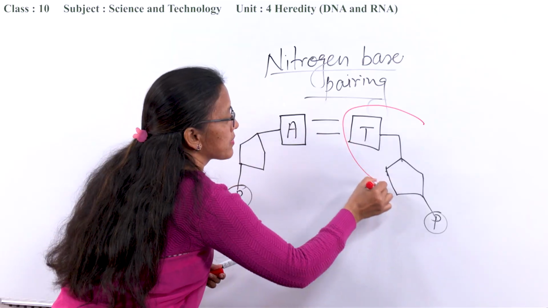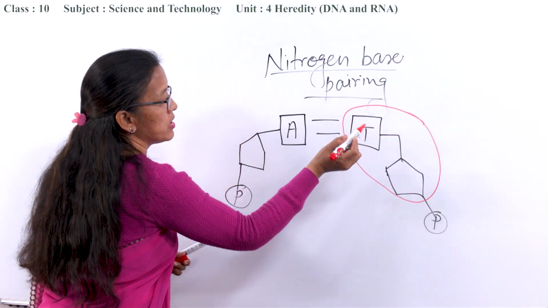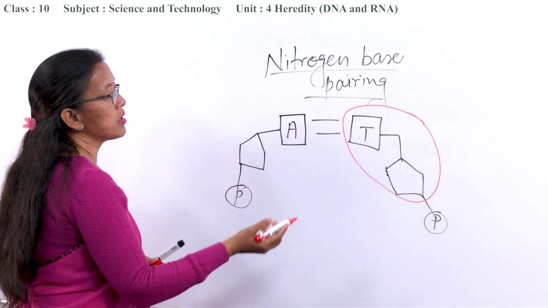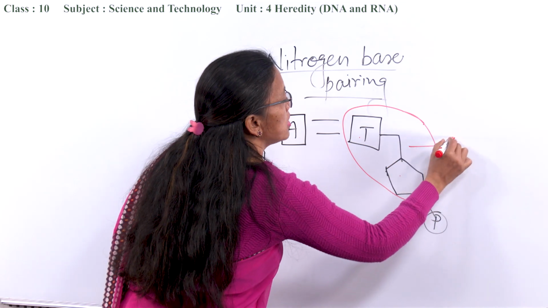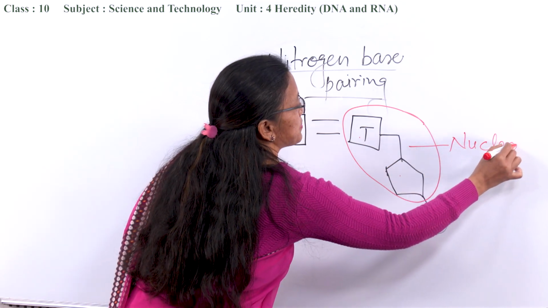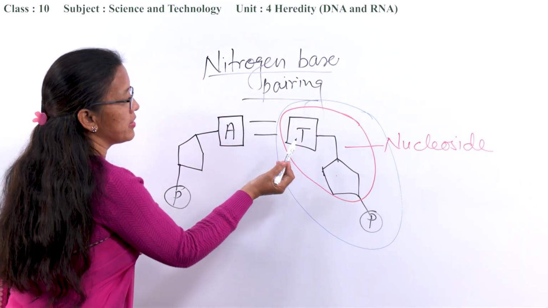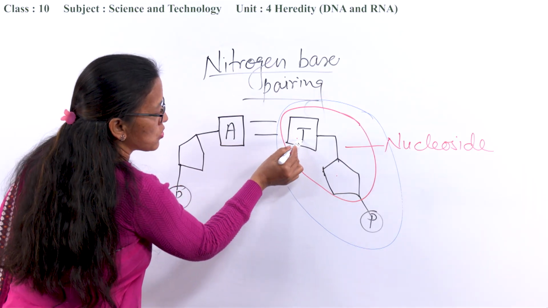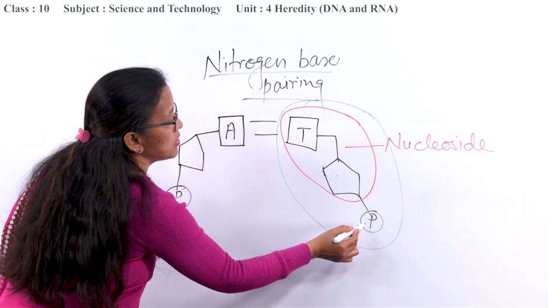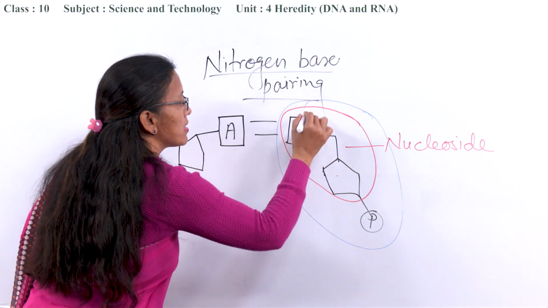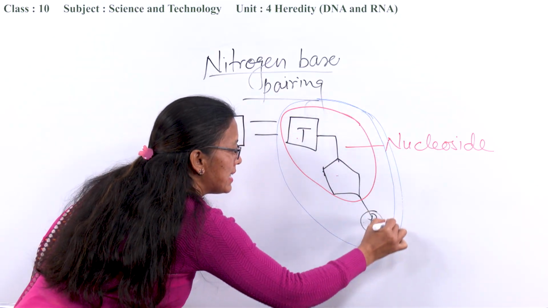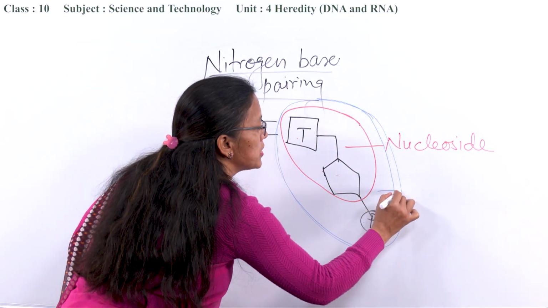Up to the sugar, one nitrogen base with one sugar molecule is called a nucleoside. If there is a nitrogen base, sugar molecule and phosphate molecule, these three combined are called a nucleotide.